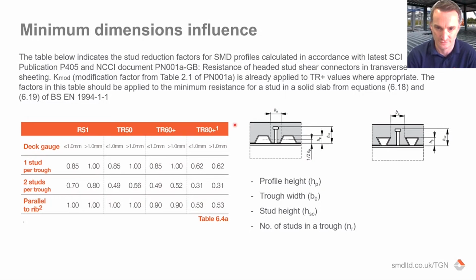So in this kind of scenario, and the fact that you have these gaps here does reduce the effectiveness of that stud compared to a solid slab. So you end with reduction factors on those shear studs, as you can see over here. They can all be calculated in the code. We've just done them in a table, and that is available on our TGN online website, which I'll talk more about later.